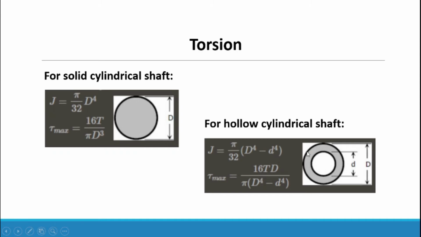So this is the outer diameter, the big D, and the smaller diameter or the inner diameter.